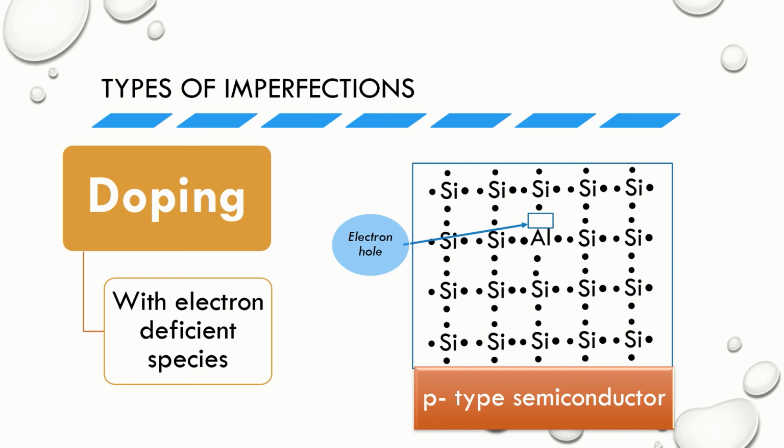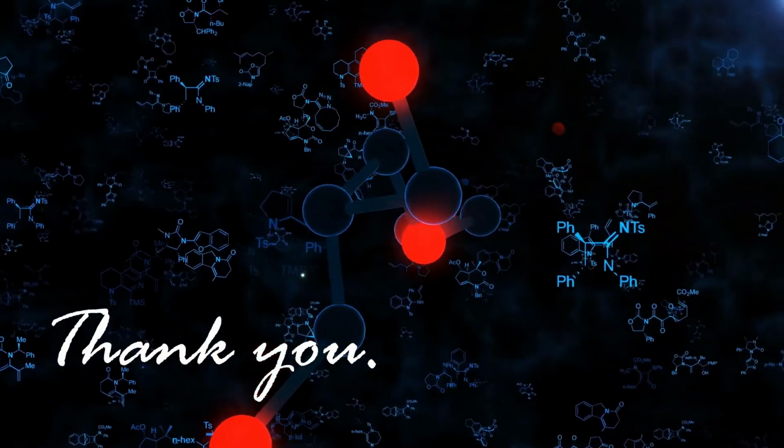Now, when an electric field is applied, the electrons move towards the positively charged plate and the electron holes move towards the negatively charged plate as if they carry a positive charge. Hence, silicon and germanium doped with electron deficient impurities are called p-type semiconductors.